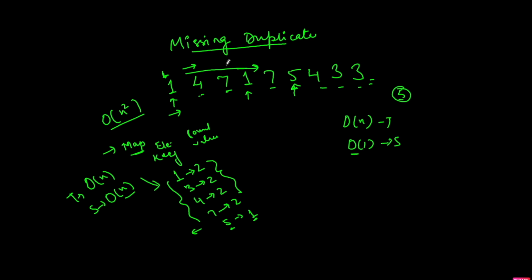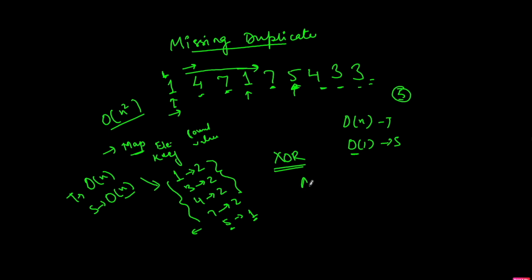So far we have not used the condition that each element in the array has a duplicate except one. So we can use this condition in our favor. We can use XOR here, the XOR operator.